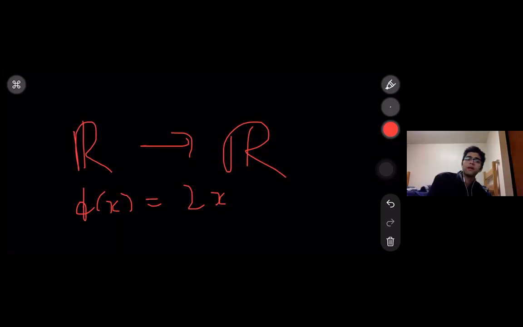Can somebody find me such a number? 0 has a partner. 0 itself is mapped to 0. It's all real numbers, by the way. It's not natural numbers. Even pi has a partner: pi divided by 2 is also a real number. So pi divided by 2 is being mapped to pi. If you're saying this is not an onto function, you should be able to give me a number which doesn't have a partner.